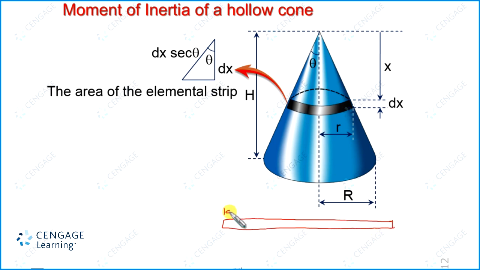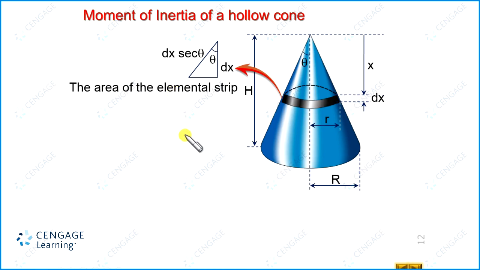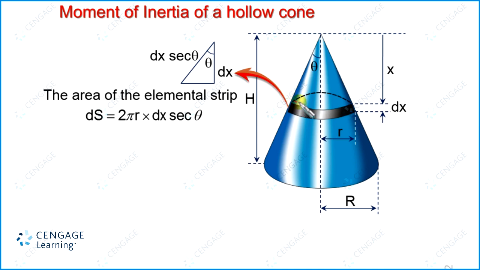And the length of this should be equal to 2 pi r, small r, and width we have calculated, that is equal to dx sec theta, right? Now we can substitute the value to calculate the ds, 2 pi r multiplied by dx sec theta. We can find the value of small r. Small r is the radius of the elemental ring. That means this value.